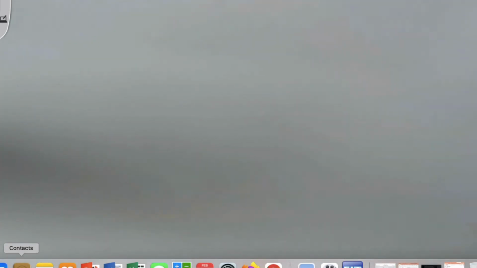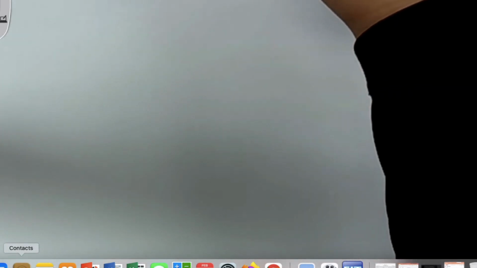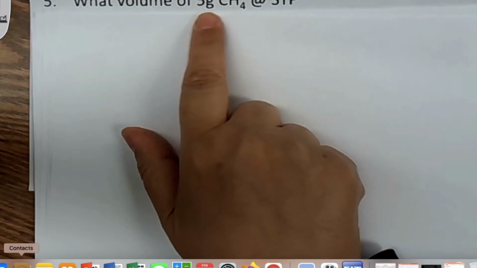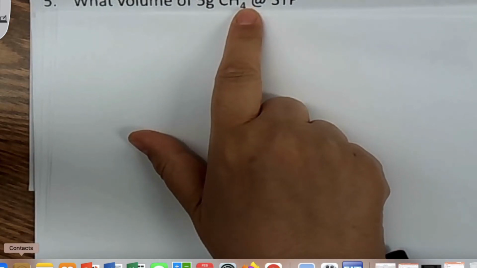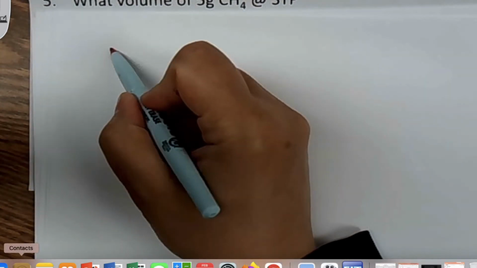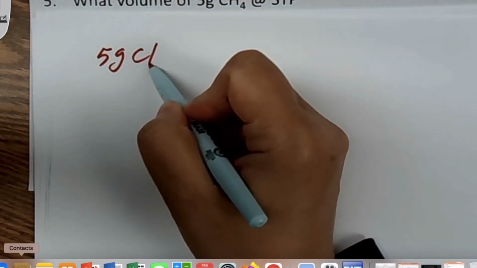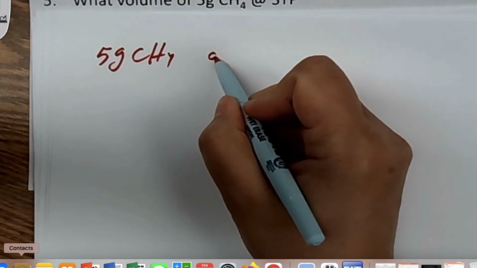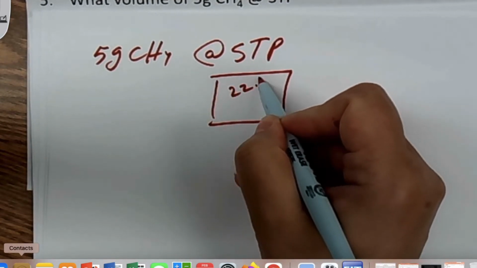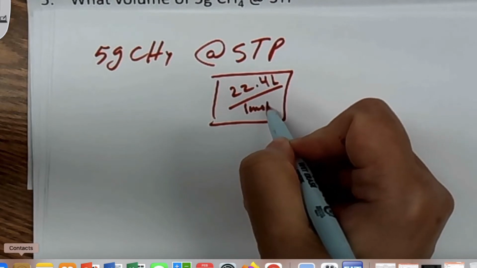Okay, the next one we're going to do is number 5. What volume of 5 grams of CH4 at STP? So what volume? So we have 5 grams CH4 at STP, and that's 22.4 liters per 1 mole.